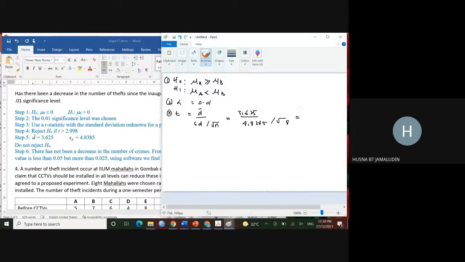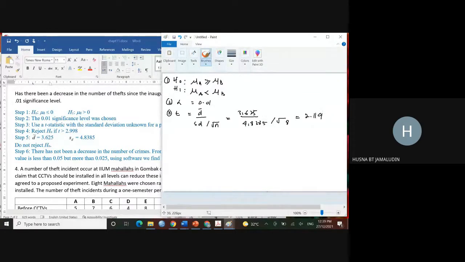Given all this, what is the value? 2.119. Okay, let me double confirm. Okay, 3.625 over 4.8385, which is to 4 decimal points, divided by the square root of 8. 2.1, yes, exactly the same.